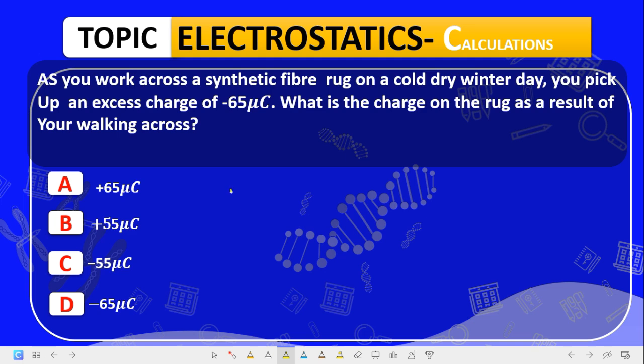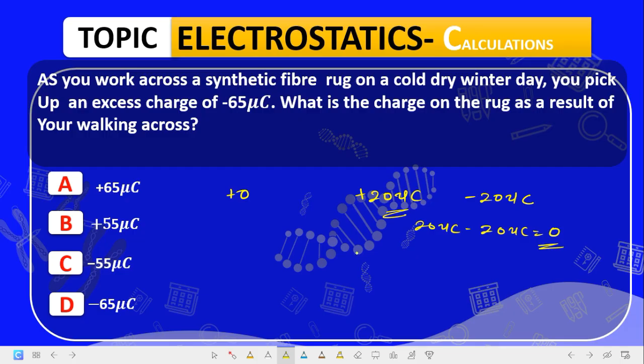The total charge in the system will be 0. So in a situation where you created, let's say 20 microcoulomb charge, an equal amount of 20 but opposite sign will be created, and that is minus 20 microcoulomb, such that when you sum these two together, 20 microcoulomb minus 20 microcoulomb will be 0. That is to say that the total charge is conserved.